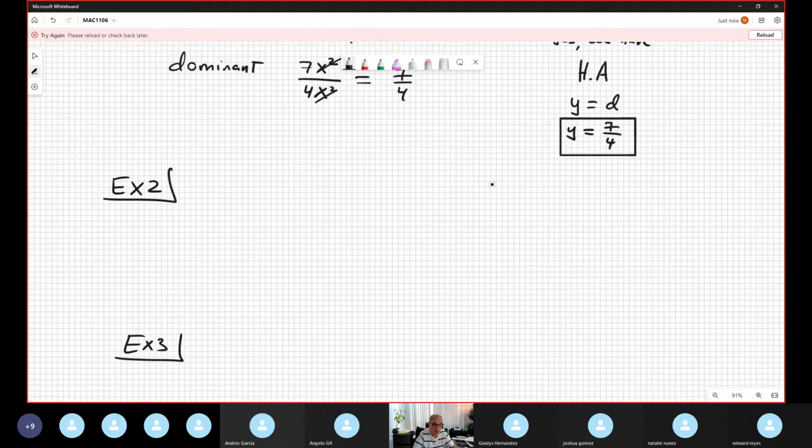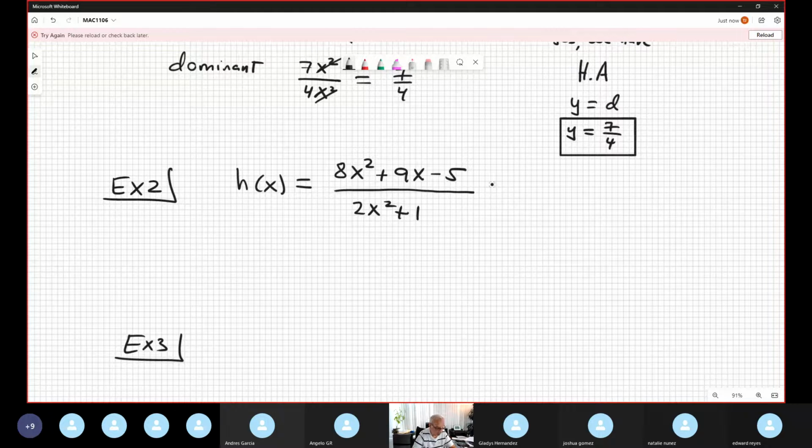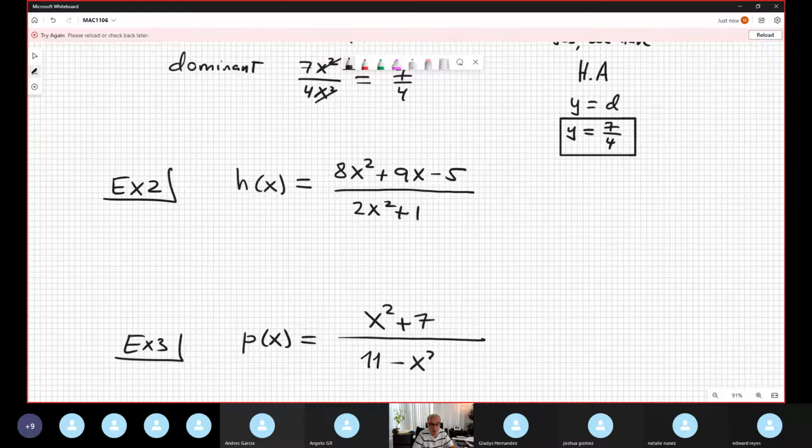Example 2 is easy. h of x is equal to 8x squared plus 9x minus 5 divided by 2x squared plus 1. And the second is the p function, x squared plus 7 over 11 minus x squared.